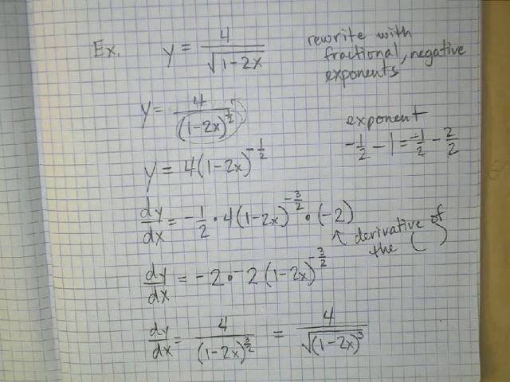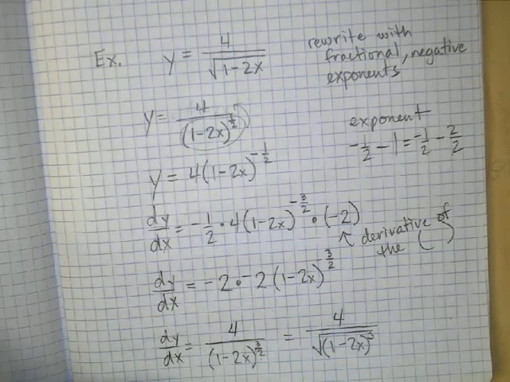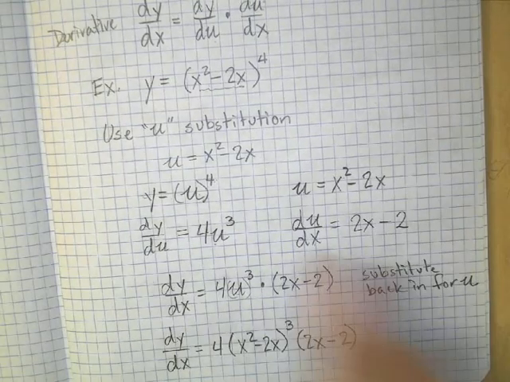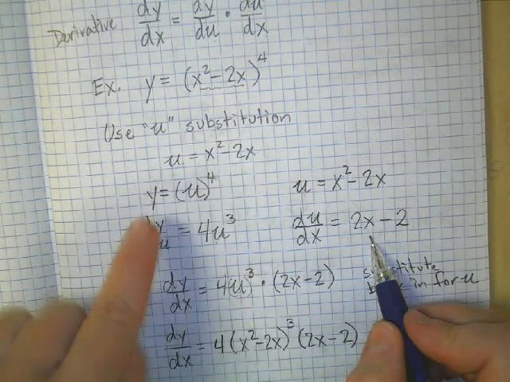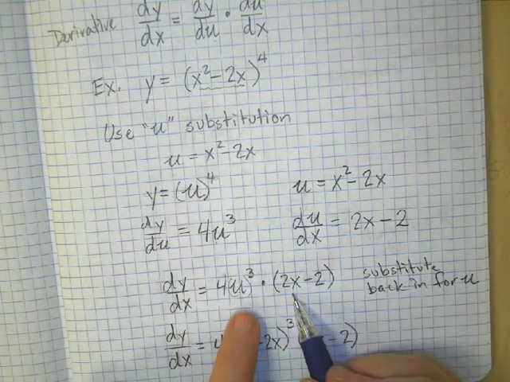Okay, so U substitution. I showed you one example, and you can do it the step-by-step way, where you find the derivative of u, find the derivative of the function, and then multiply them back together.